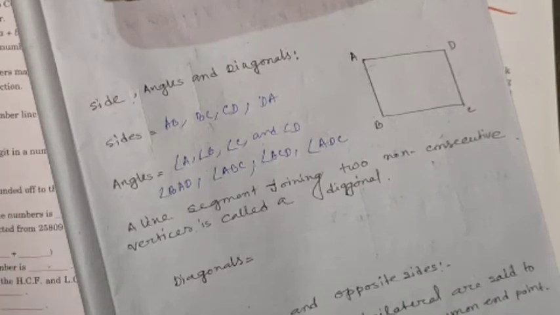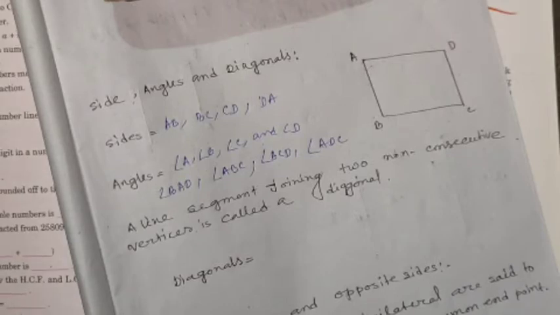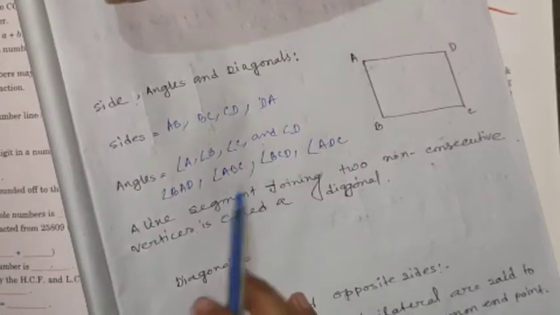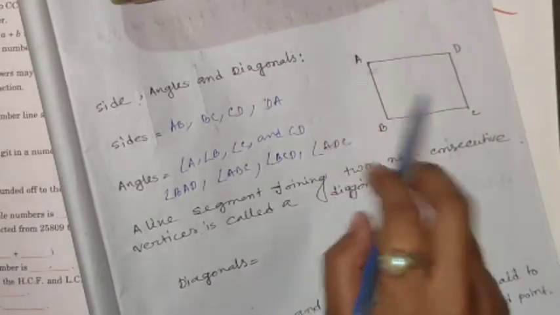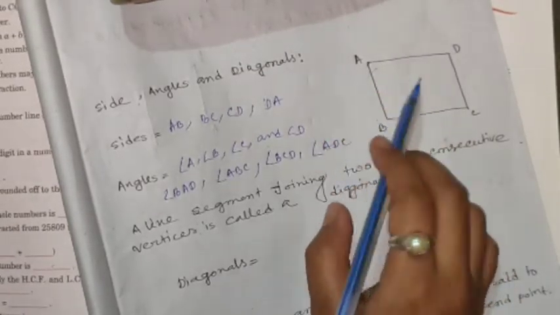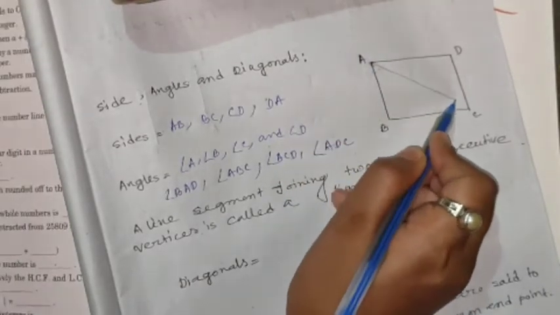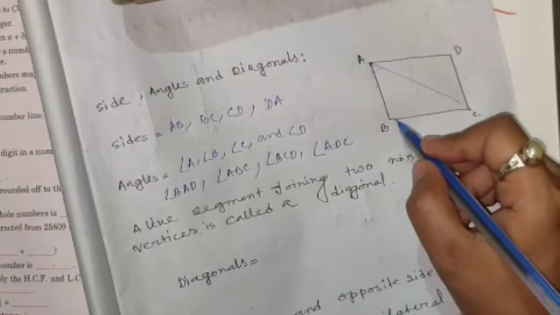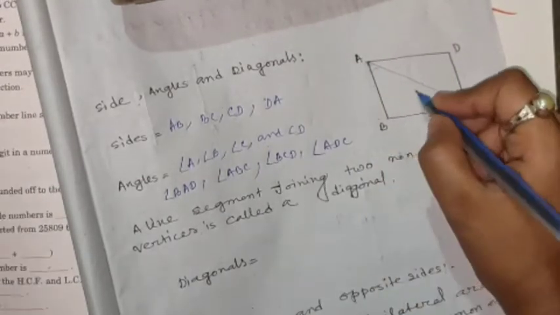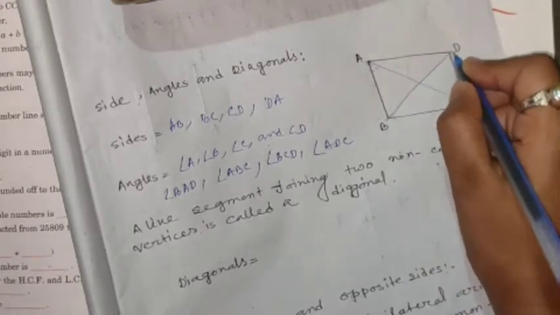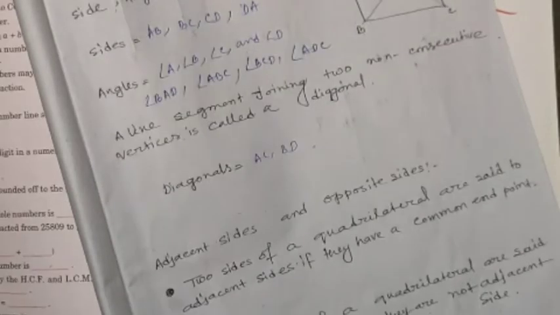So the non-consecutive vertices are A and C, and B and D. If we join A and C, we get this line segment. If we join the non-consecutive points B and D, we get BD. So AC and BD are the diagonals of quadrilateral ABCD.